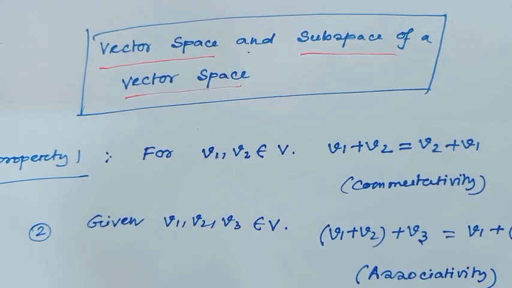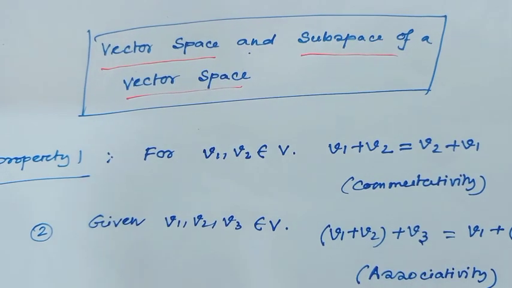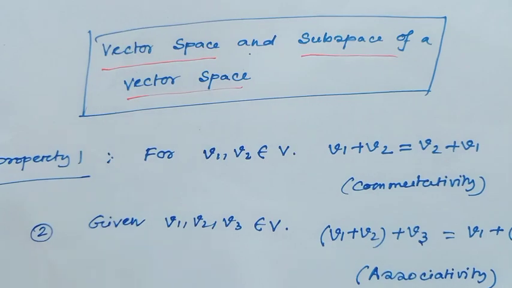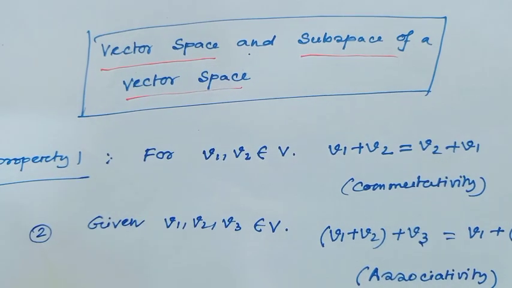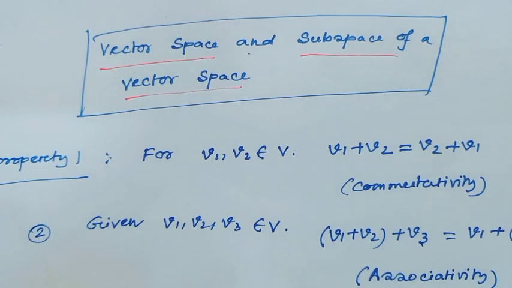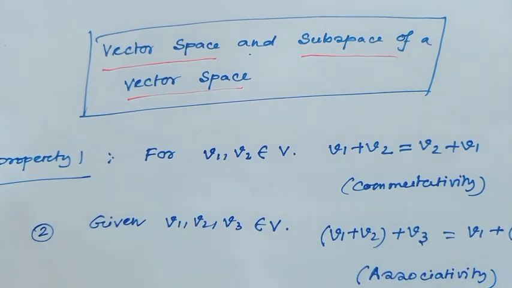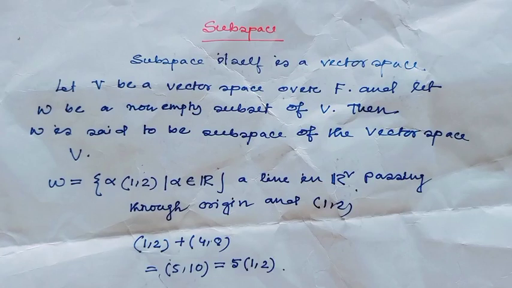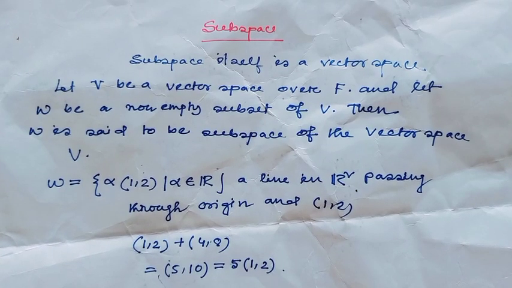Today I will discuss this topic just as a review. What is a subspace of a vector space? In my previous video, I defined this part elaborately. Now I will see what a subspace is. We all know the subspace.